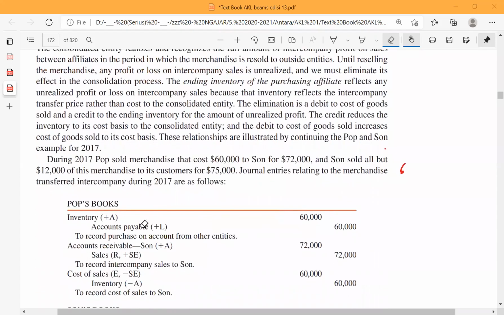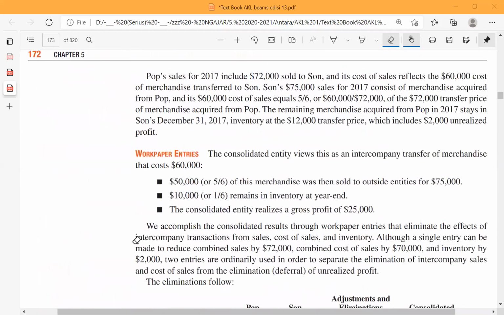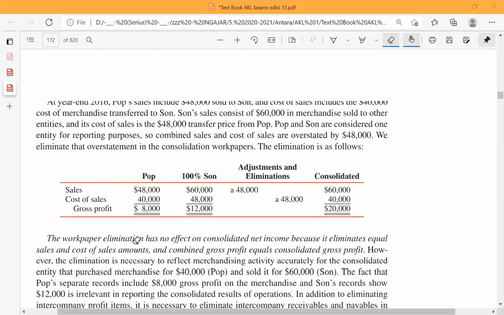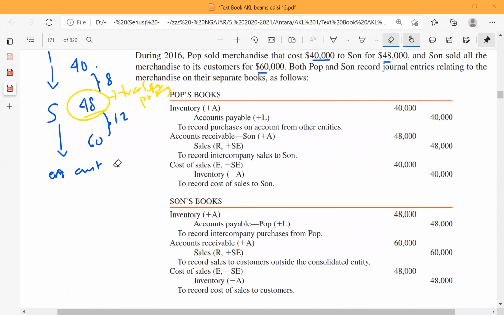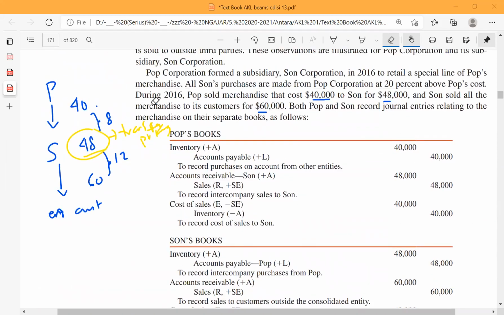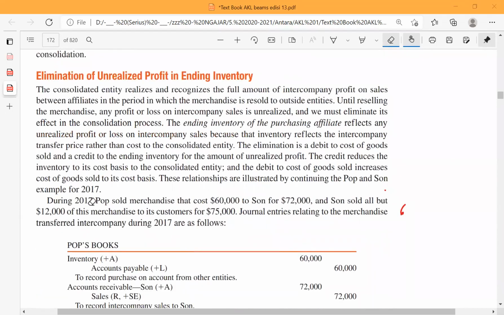The numbers illustrated here continue from the previous story. The previous story, where the transfer pricing is 48, is for the year 2016. Now we continue with what happened during 2017. The type of intercompany profit transaction is still downstream, right?